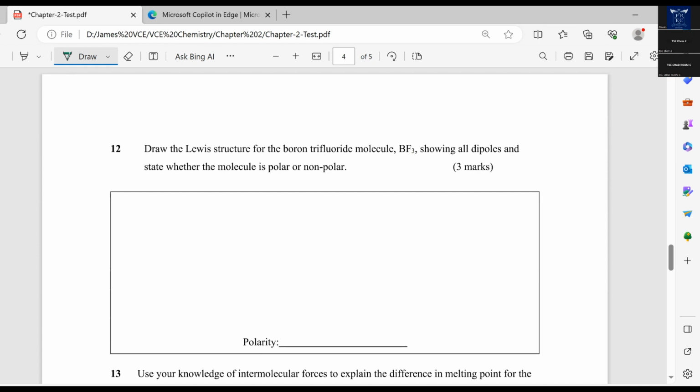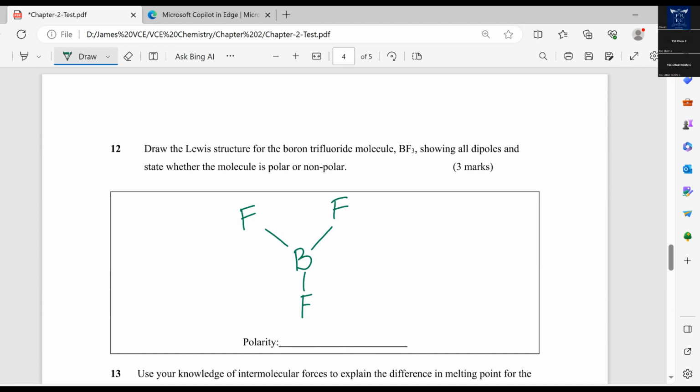So it will be sharing with fluorine. So when they share, you will form 3 bonds without having any additional lone pair left.